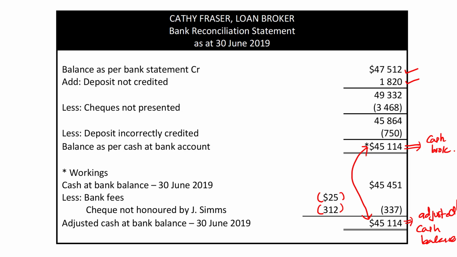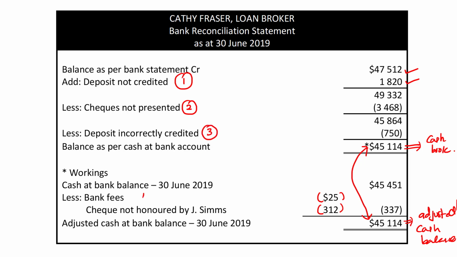From this report, it helps the users of financial statements, most likely the managers and employees, to determine the causes of differences between these two records. They know that here we have five causes of differences. Number one is the uncredited check. Number two is the unpresented check. Number three is an error made by the bank.